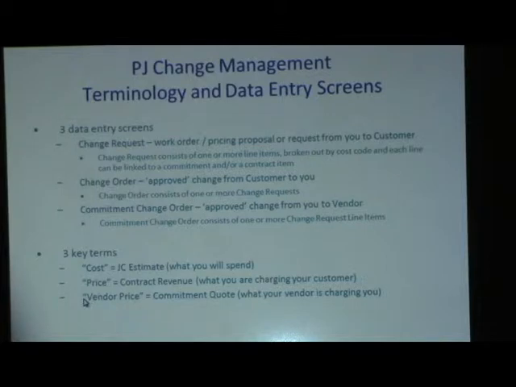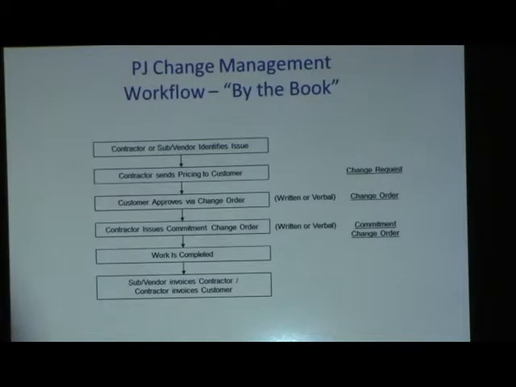There's a column called vendor price, which is the price a vendor quotes to you. So it's what they're charging you, but if you approve that and issue it as a commitment change order, it will become a cost because that's money you're going to pay to your sub. So everywhere else, cost means estimate, price means revenue, except the vendor's price, which is going to be a cost to you if you approve it.